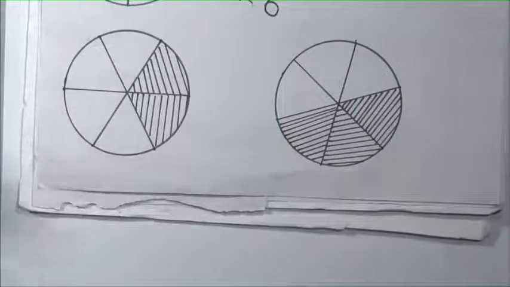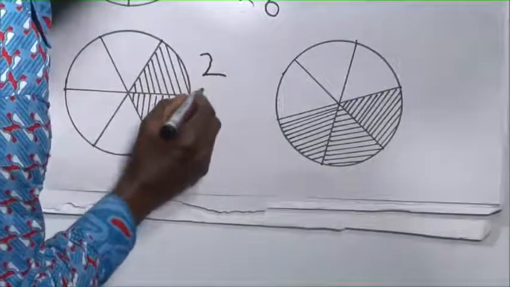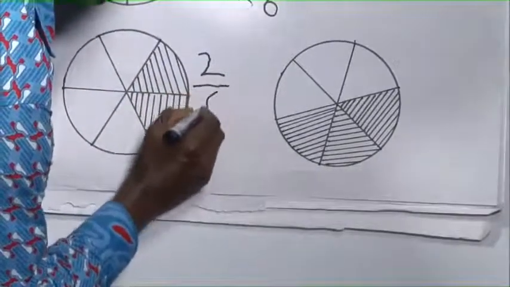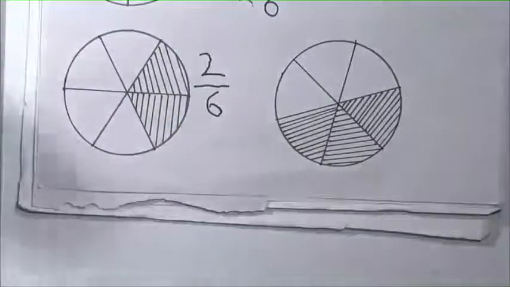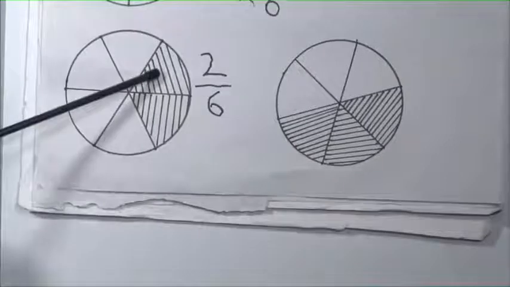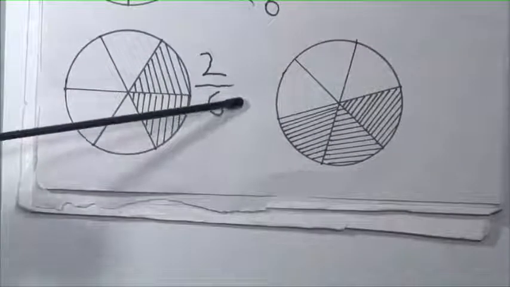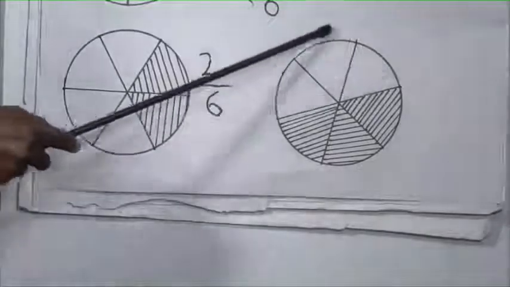So what fraction has been shaded? We have our 2 out of 6. So we call this 2/6. Say it. 2/6. Very good.